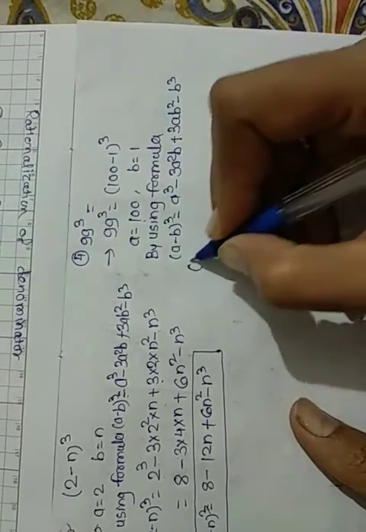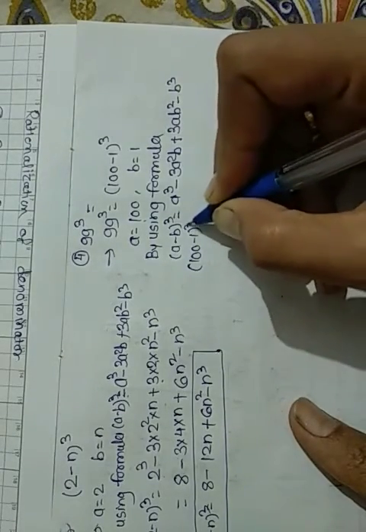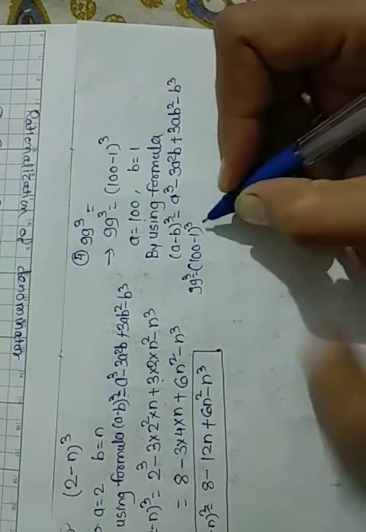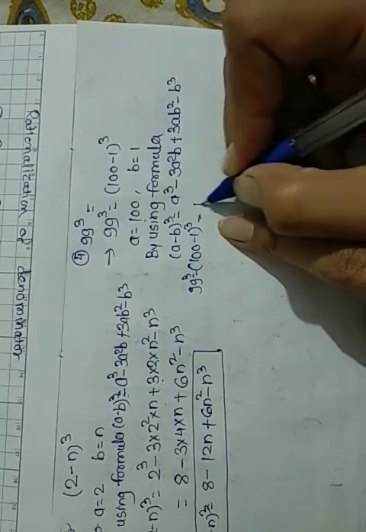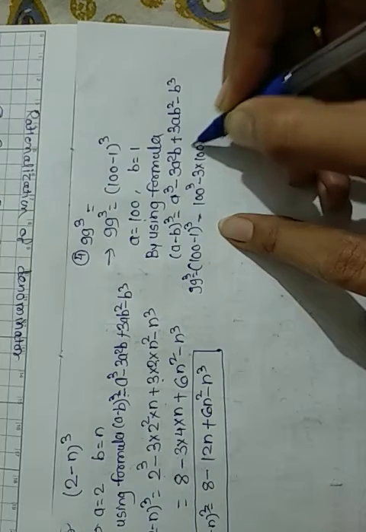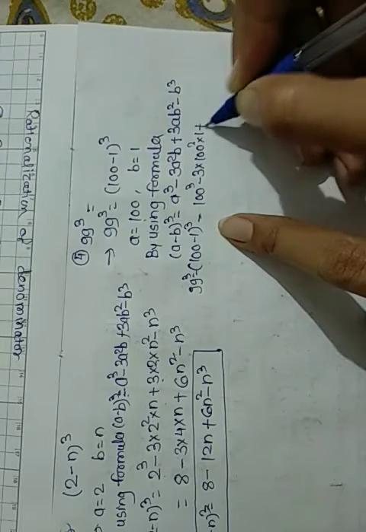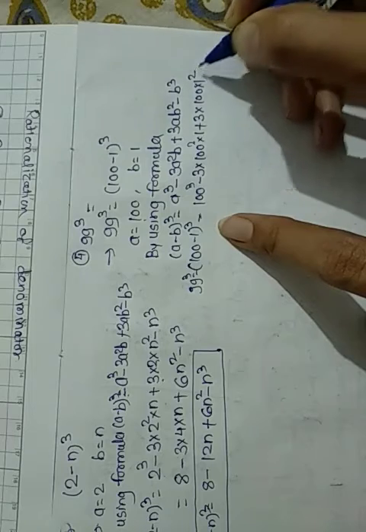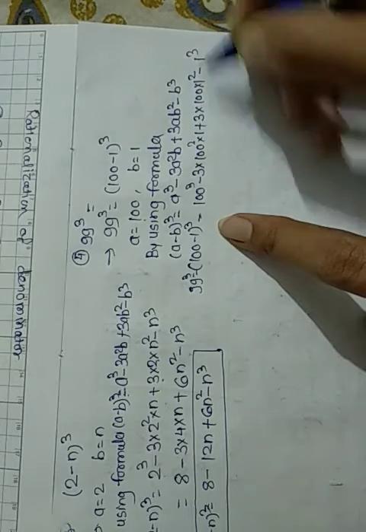Put here the value of A. (100 minus 1) bracket cube, it means 99 cube is equal to A cube, means 100 cube, minus 3 into square of 100 into 1 plus 3 into 100 into 1 square minus 1 cube.